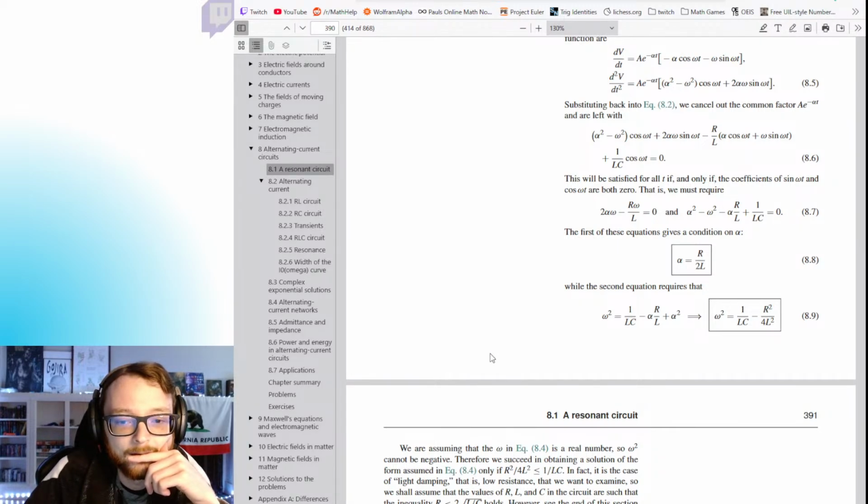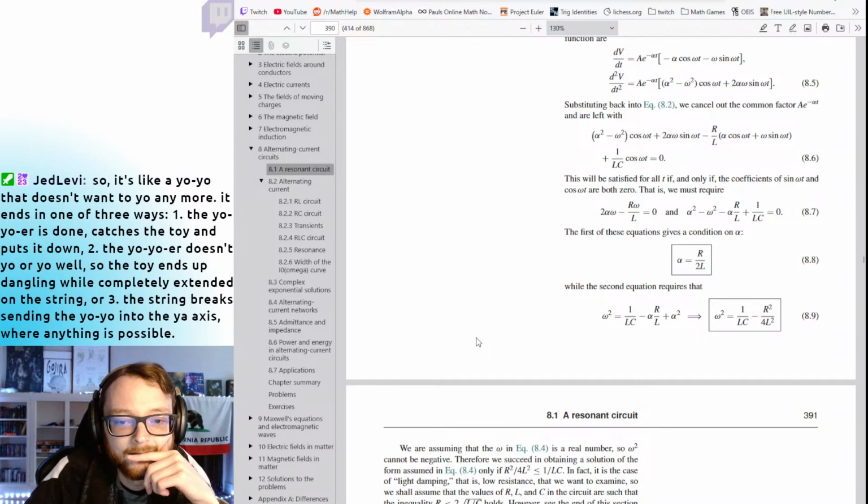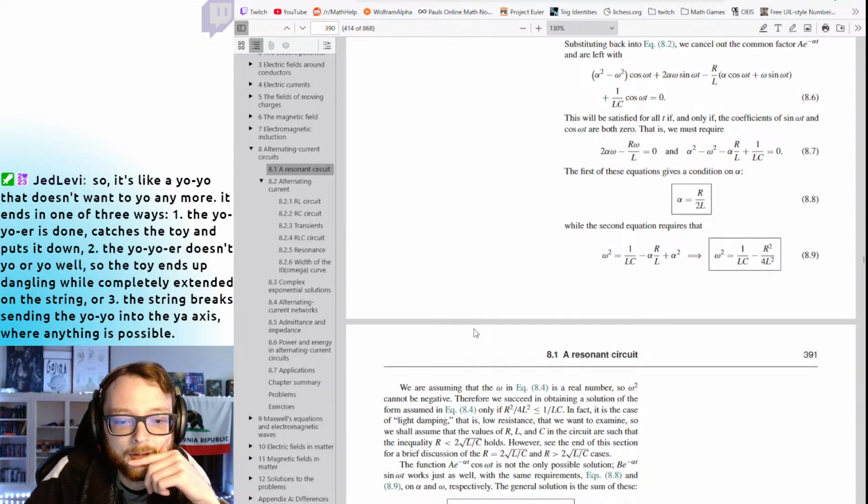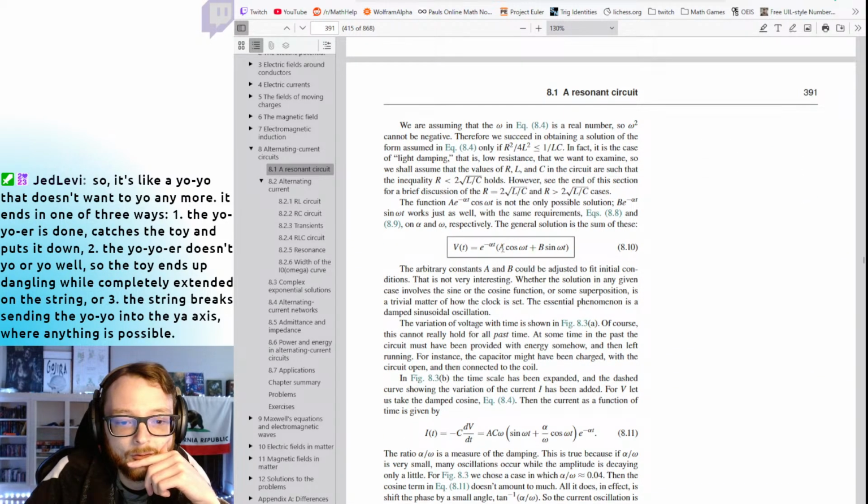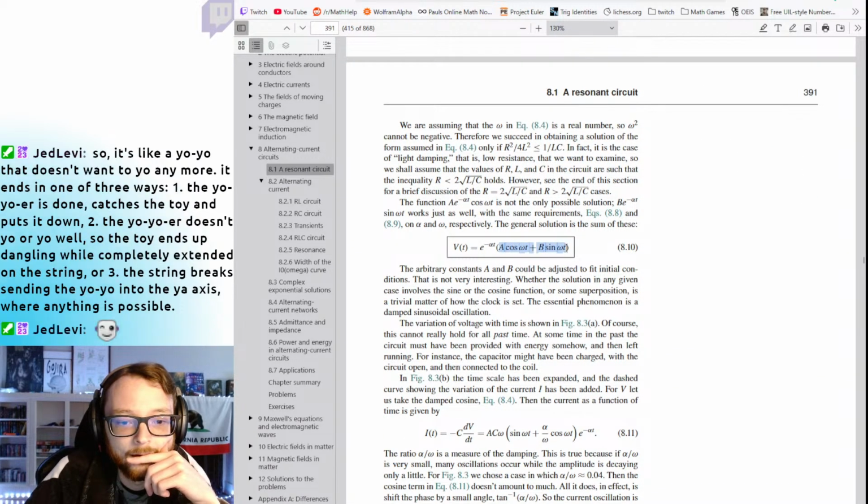Maybe it should be. But it's weird because the answer for v of t does not have this cosine thing.